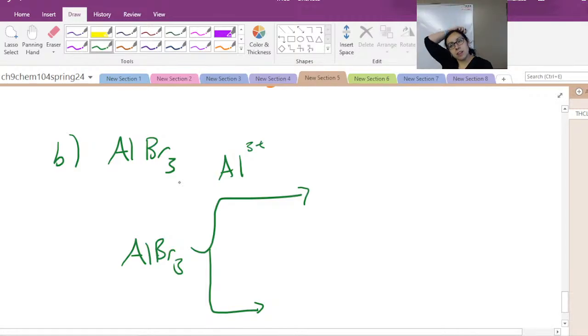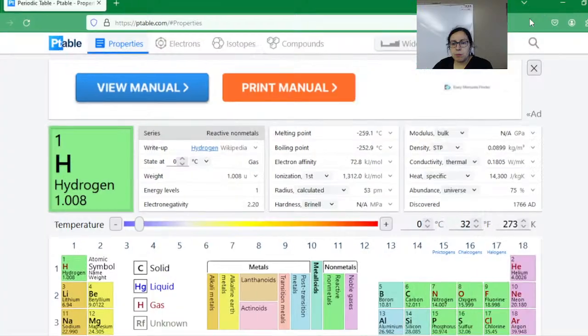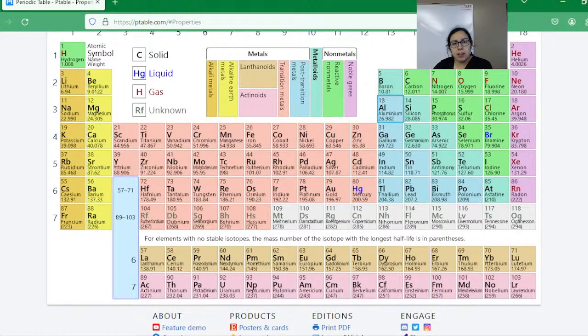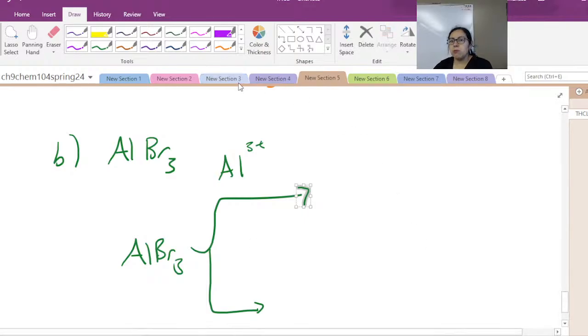It's over in our main group section, but it's still special. We could call it post-transition, but what do we know about aluminum? What do we remember? There was some rule for aluminum and metal species.